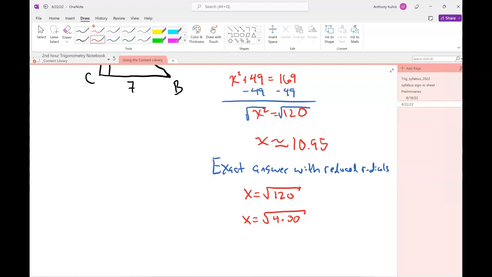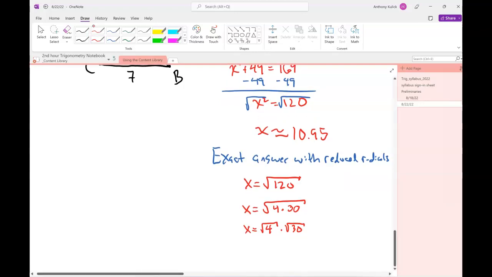How does that help us? Because we can break a radical at a multiplication or division symbol and write that now as the square root of 4 times the square root of 30. And we know what the square root of 4 is. That is 2.